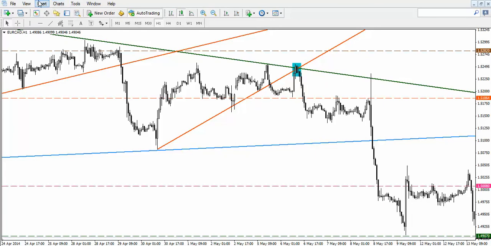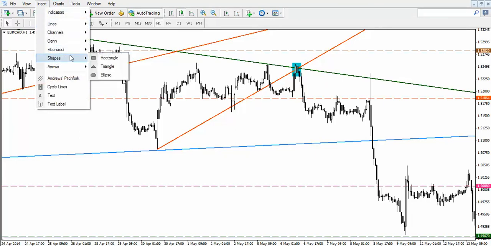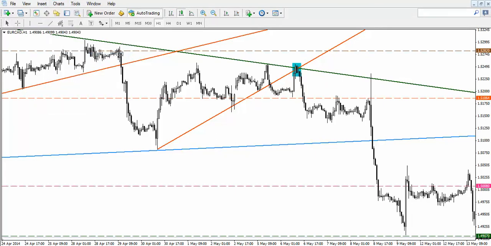Let me just put some shapes around all my entries. So again, I took this and once again it moved off nicely, and this big spiky candle here took me out at break even again.